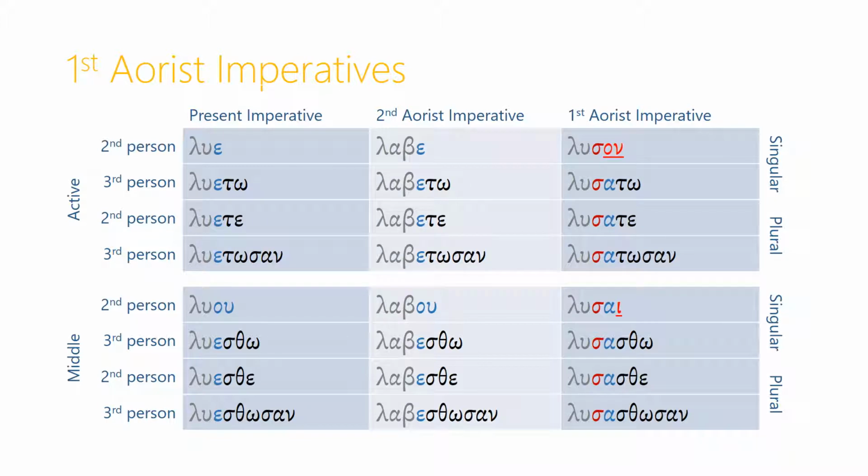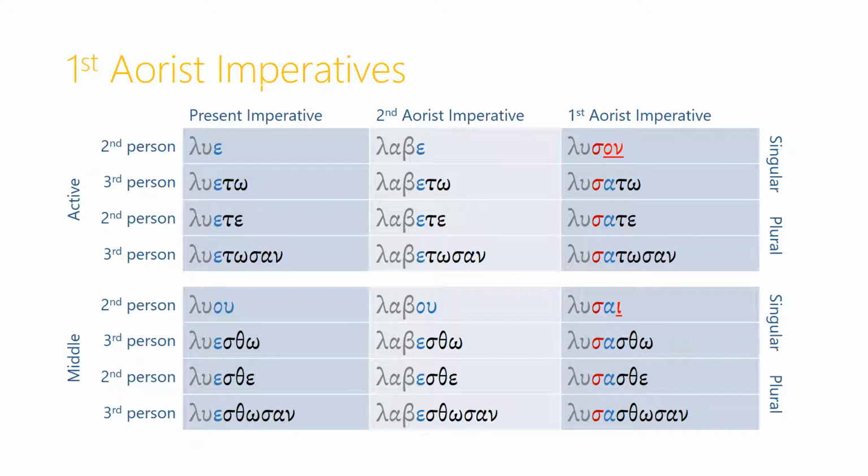Most of the first aorist imperative forms are also quite regular. If you look down the right-hand column here for the first aorist imperative, you'll notice that we have the regular present stem with the sigma tense marker and the alpha connecting vowel. And then we have the same imperative endings that we've used in the present and the second aorist.